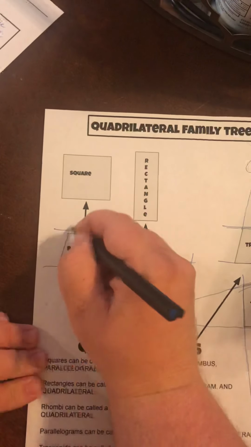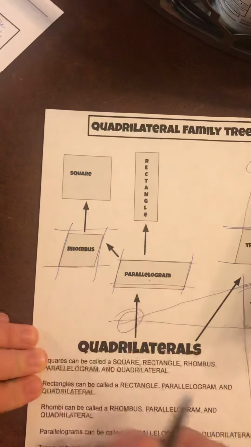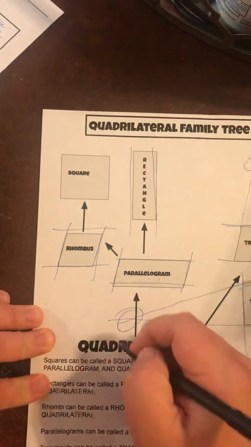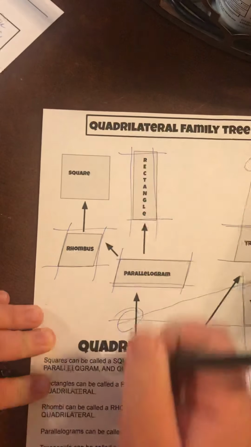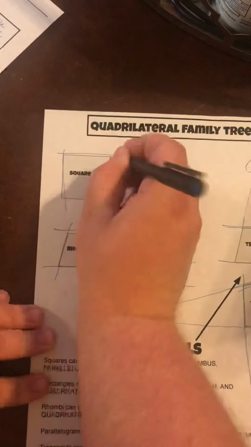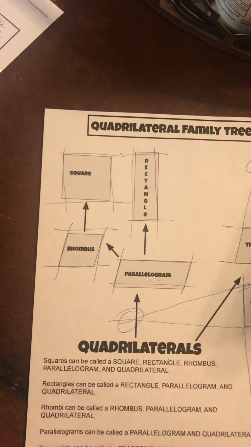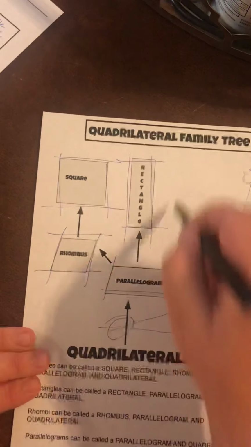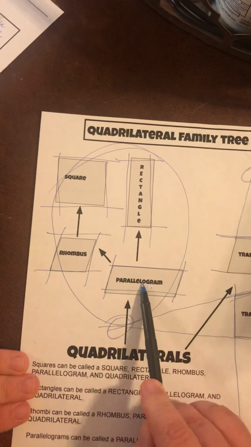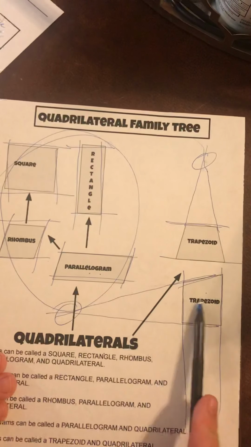They'll never meet. These two lines, parallel. They'll never meet. The rectangle. Those two. Square. Those two. So those lines, that's the reason why all of these are parallelograms. And these are just trapezoids.